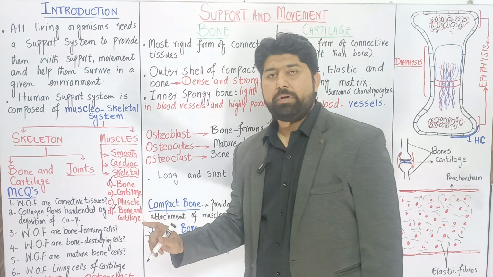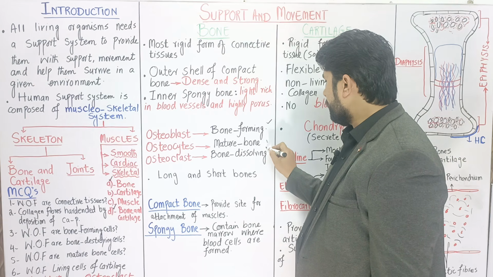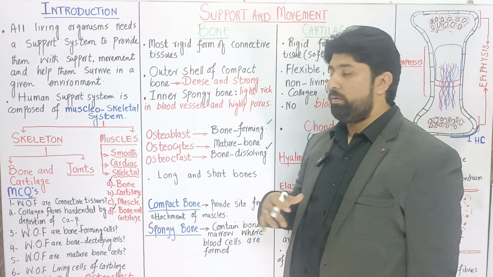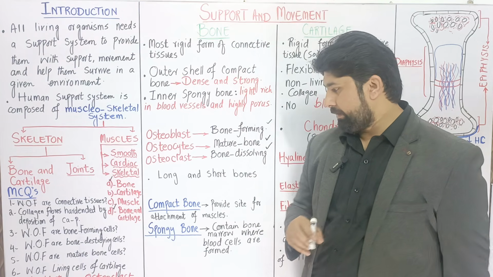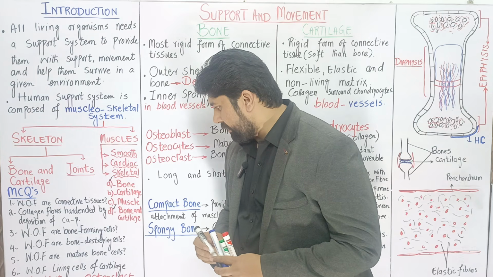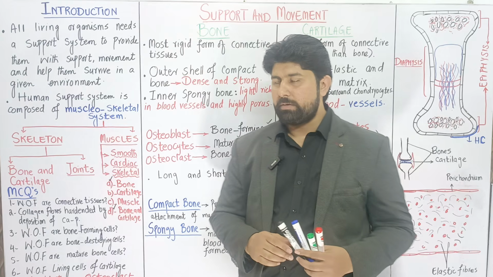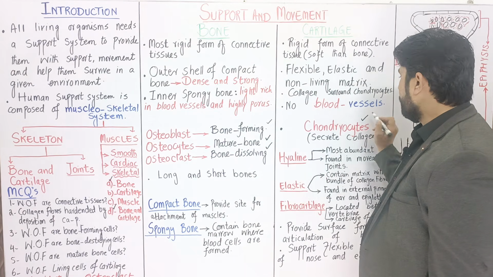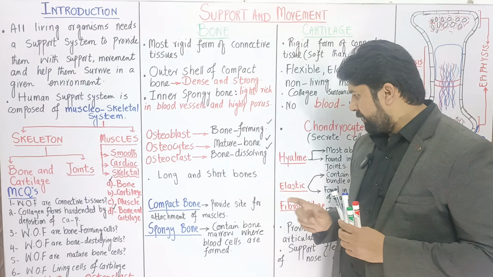The bone destroying cells are actually the osteoclasts, but the bone maturing cells are osteocytes. The next question is which of the following are the cells of cartilage? The answer to this question is chondrocytes, the cells which are present in the cartilage.